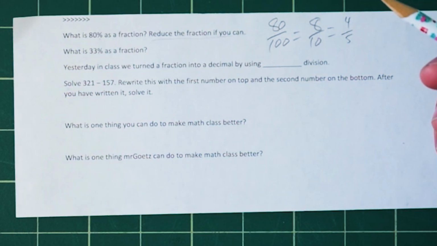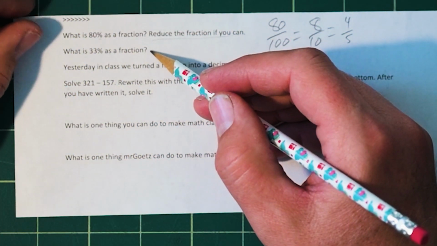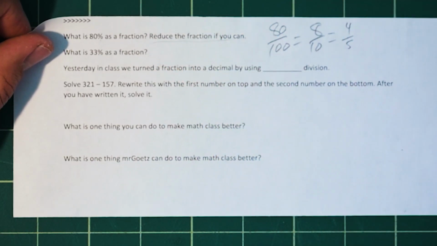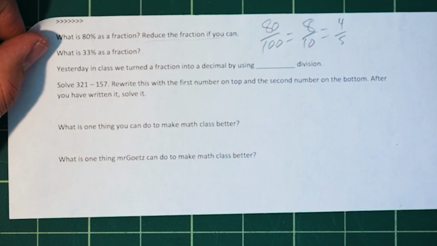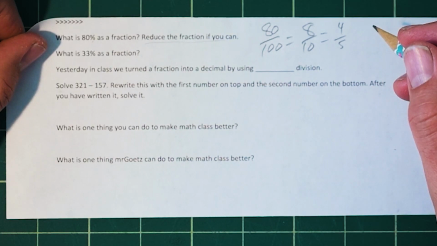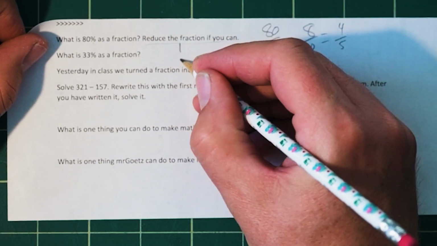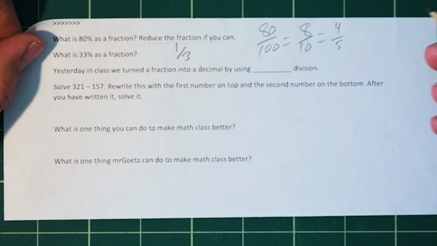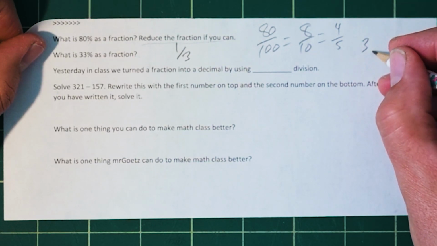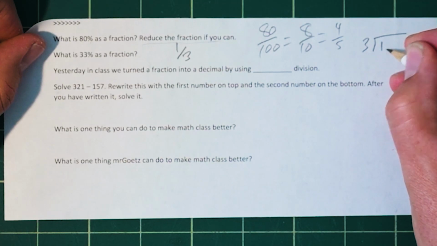I like it. Now this one here, what is 33% as a fraction? This is one that we covered in class, and it is, how can I say this? It's one of those math facts, something to learn, something to know type of thing. And it's 1 over 3. And we actually solved for it. We did long division, where we went to see how many times 3 would go into 1.